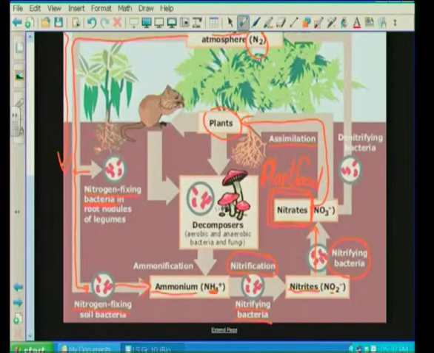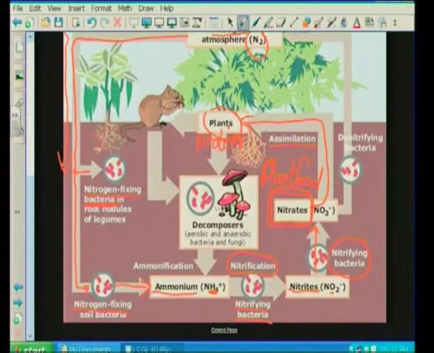So it's more organic now. And now the plants can absorb that organic nitrates. And what do the plants now do with these nitrates, do you think? Plants use that nitrates to make their own plant proteins. They make their own plant proteins.